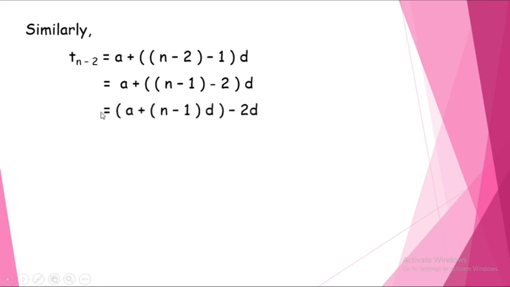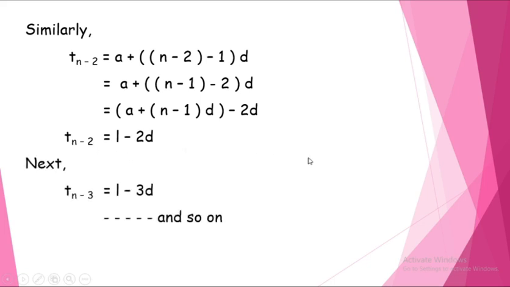We get Tn minus 2 equals A plus n minus 1 into D minus 2D. But A plus n minus 1 into D is nothing but the nth term of the AP, which is denoted by L. Hence, Tn minus 2 can be written as L minus 2D. Next, if we consider Tn minus 3, we get L minus 3D, and so on.